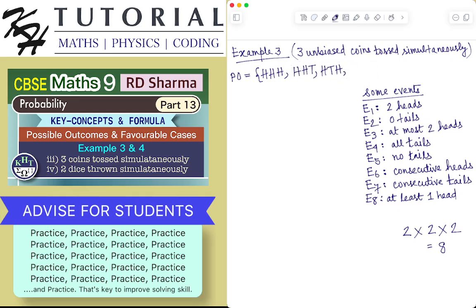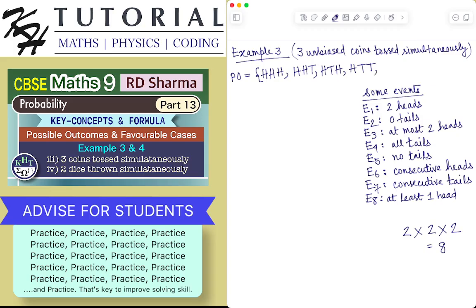So the first one is head, and we are keeping the first coin as head and finding all the possible outcomes of the second and third coin. If we just consider the second and third coin, the possibilities are head head, head tail, tail head, and tail tail. So these are the 4 possibilities when the first coin shows head.